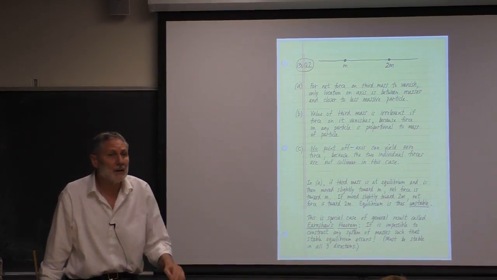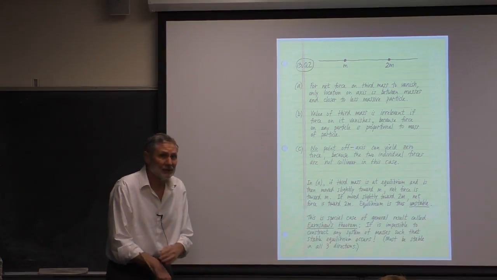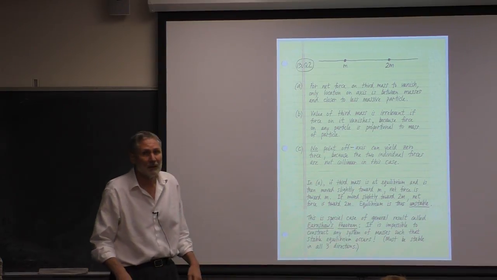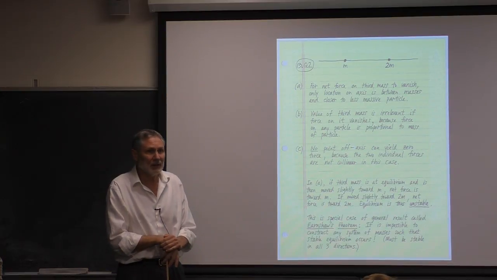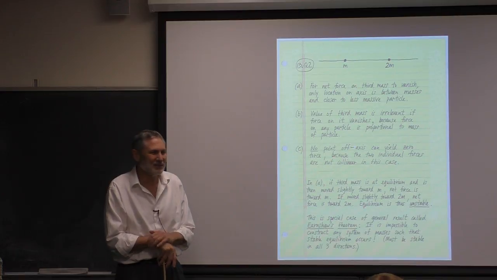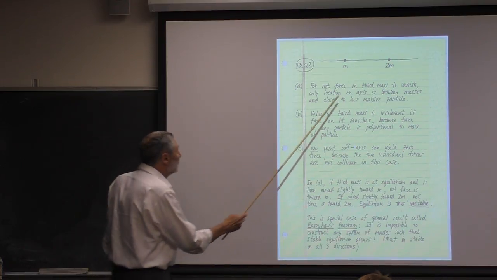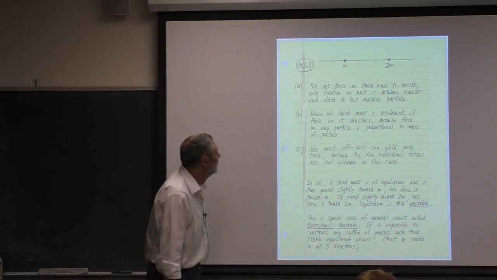So the answer to the question here: does the location where the force vanishes depend upon the mass of the particle we're moving around? No, obviously not, right? Zero force is zero force. So you would get the same answer no matter what mass you have here.